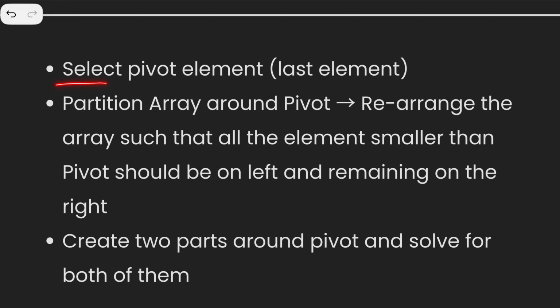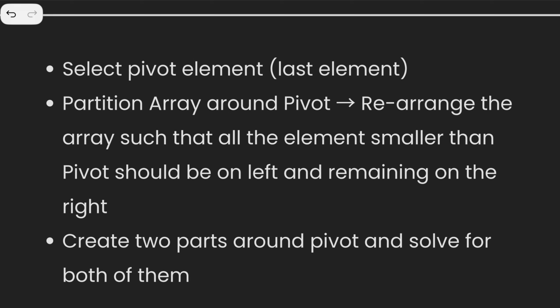Select an element. In this video we are going to select the last element to solve the problem. Then we will divide that array into two different sections. First section is going to be all the elements that are less than the selected element, and the other section is going to be all the elements that are greater than the selected element.